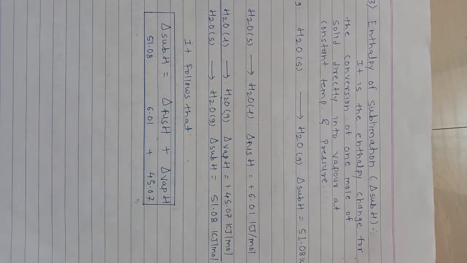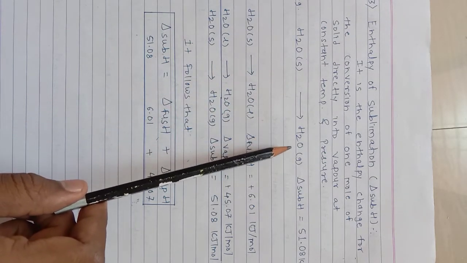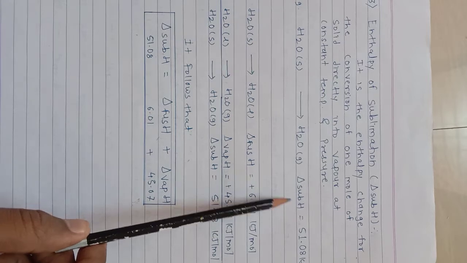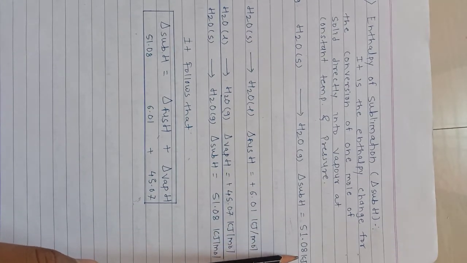H2O solid is converted to H2O gas. Delta sub H requires plus 51.08 kilojoule per mole energy. The enthalpy change is 51.08 kilojoule.